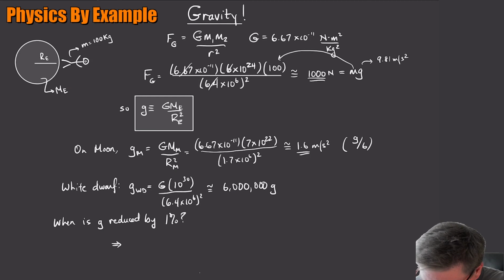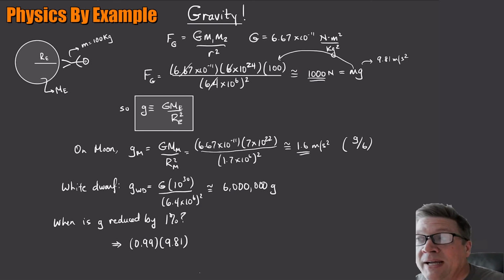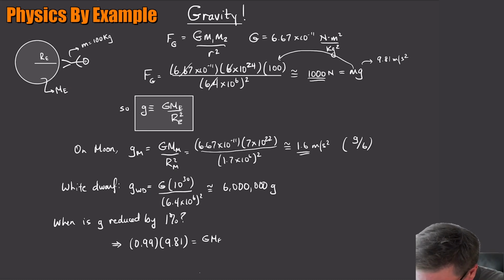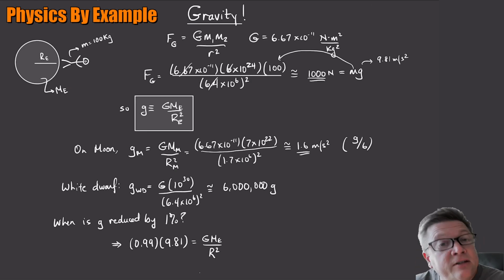What you can do is you can say 0.99 times g, 9.81, right? That'll be when your weight is 99%, or when the gravitational acceleration is 99% of the usual value. That equals G times the mass of the Earth over your distance away from the center of the Earth squared.